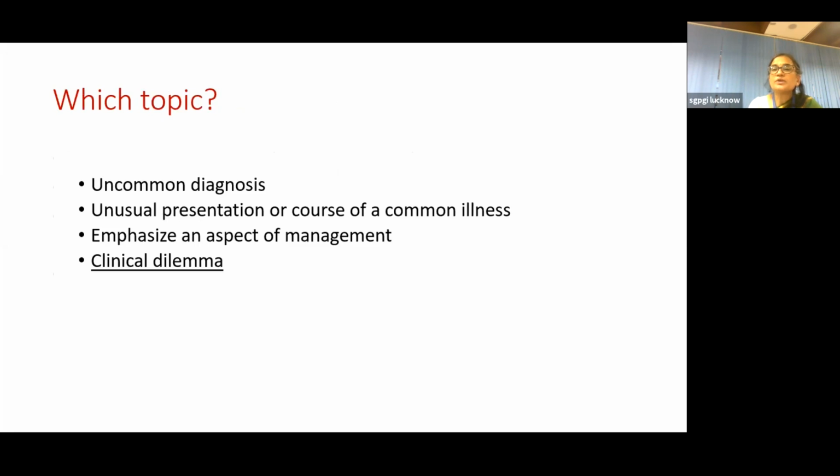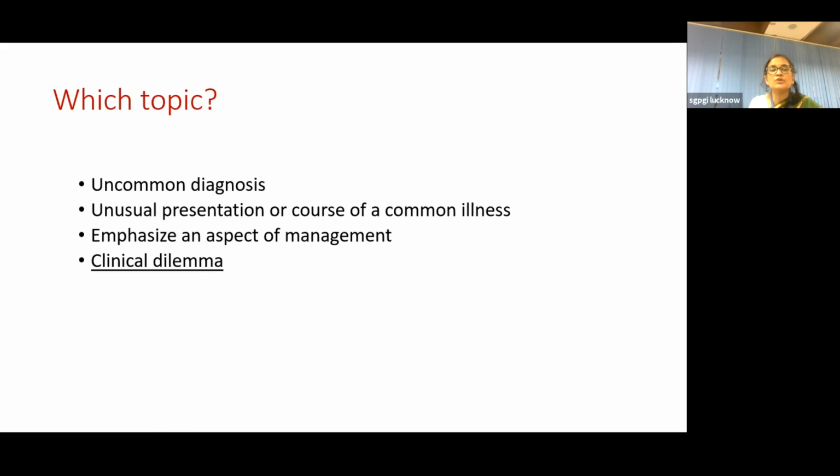And why are you presenting this case? This case you're presenting because it's an uncommon diagnosis. People don't see it, so you just want to enlighten or educate other members. It's an unusual presentation or course of a common illness. Many times in Cushing's, when we investigate a patient, the tests which are done to confirm Cushing's show that the patient has Cushing's. We call the patient back for, say, MRI and other tests.